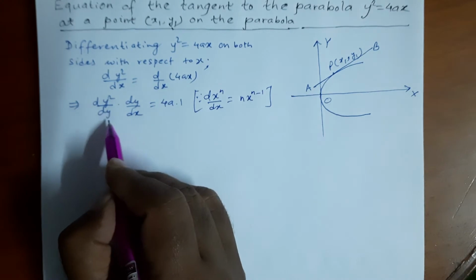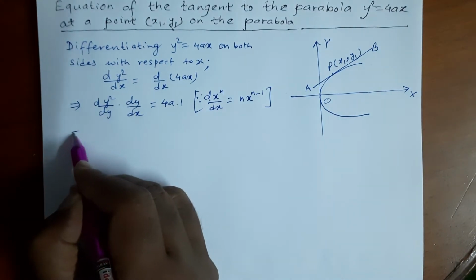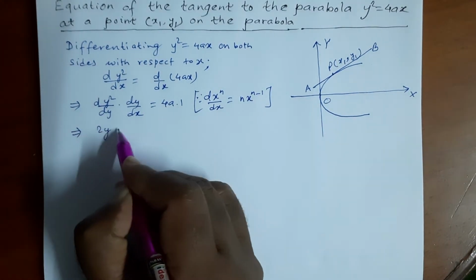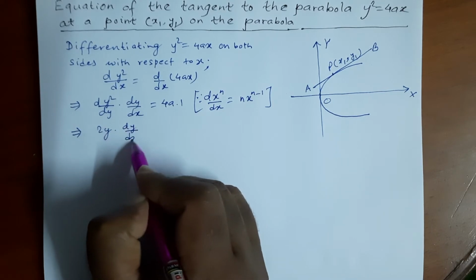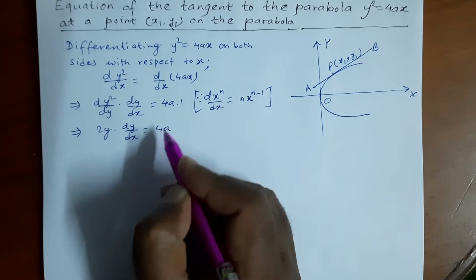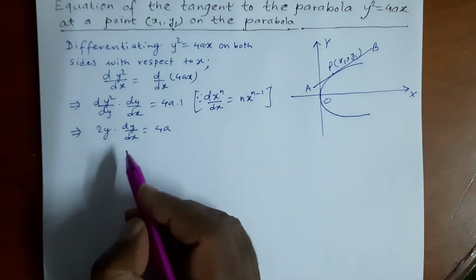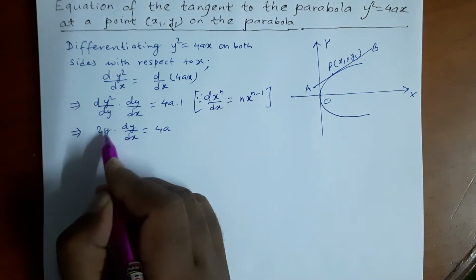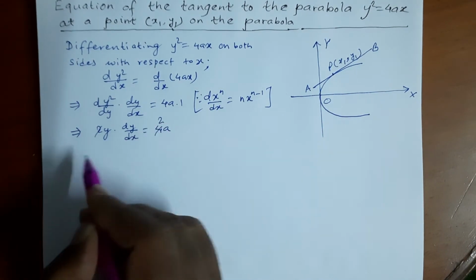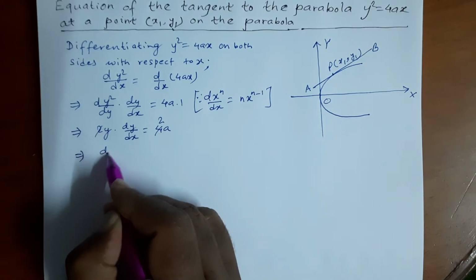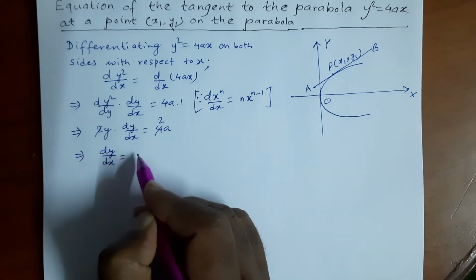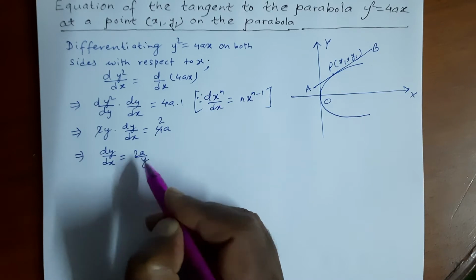So using that formula, d y square over dy will be 2y, and here dy over dx equals 4a times 1, which is 4a. Now this 2 can cancel with this 4, 2 is 4. This implies dy over dx equals 2a over y.